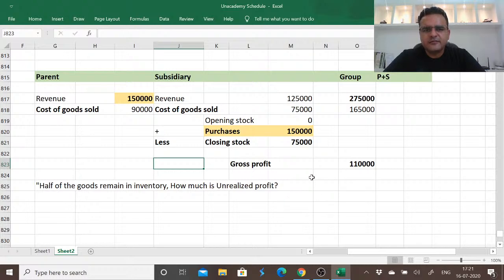What do you think? If 90,000 worth of goods are sold for 1,50,000, how much was the profit being earned? It was 60,000.